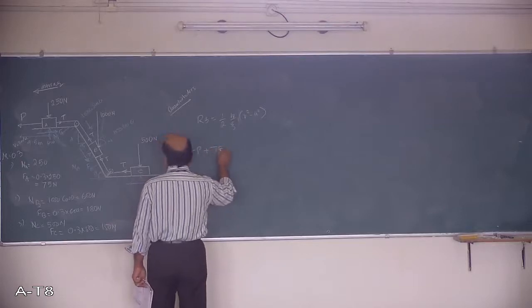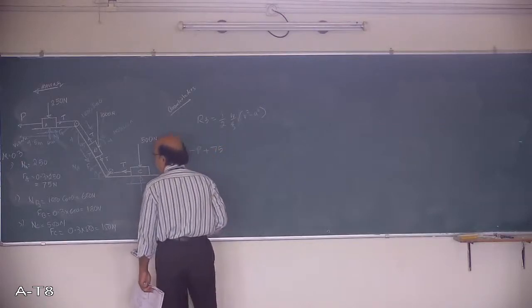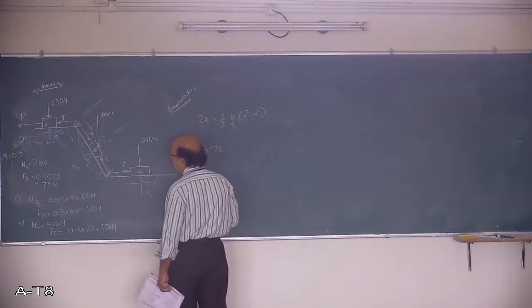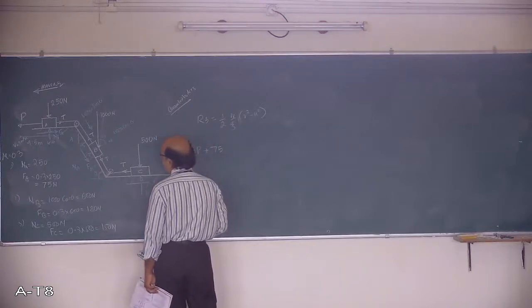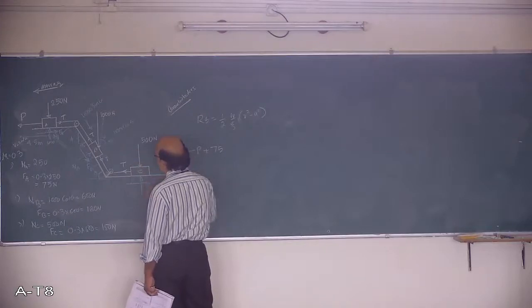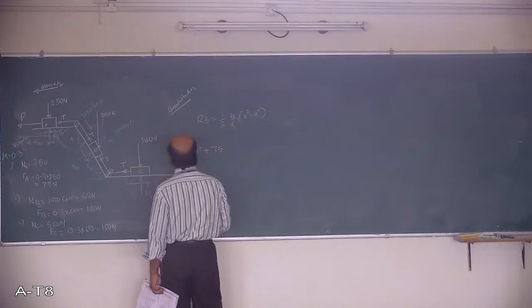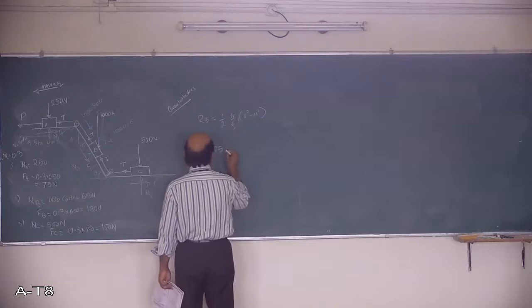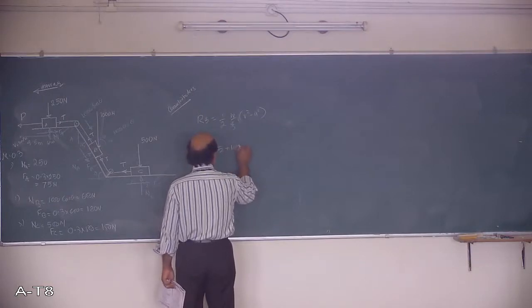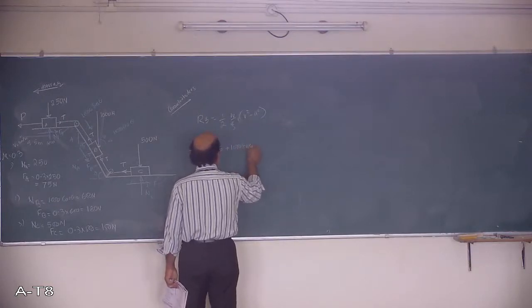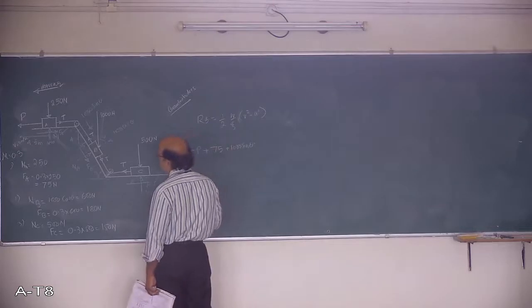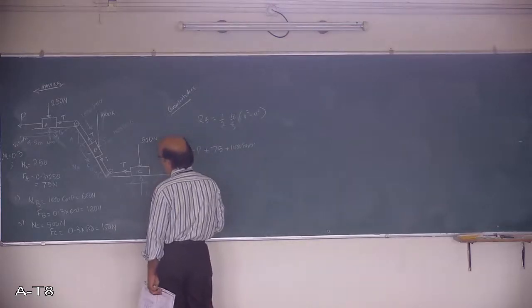Come to the block B. What is the force component of the weight acting here? 1000 sin theta in the downward direction, plus 1000 sin theta, and frictional force is also acting downwards.